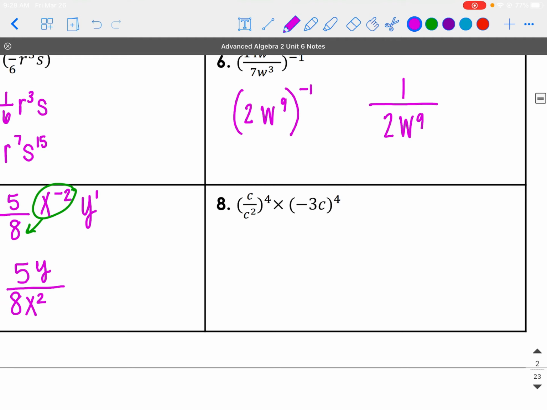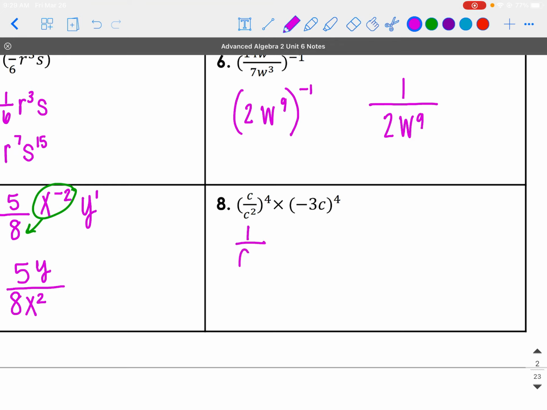All right, and number 8, this would be c to the 4th over c to the 8th, which really, okay, those c's can cancel, and we only have 4 left in the bottom.